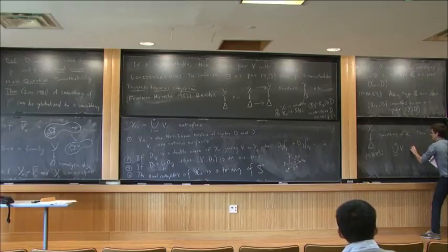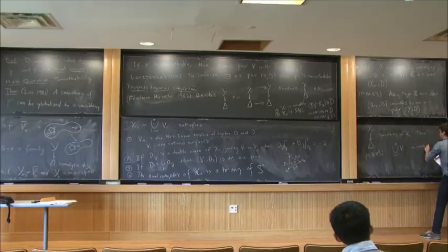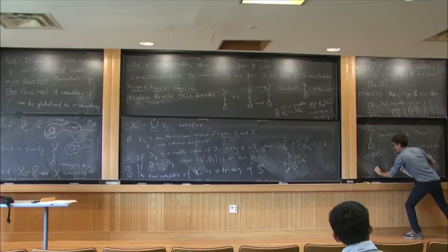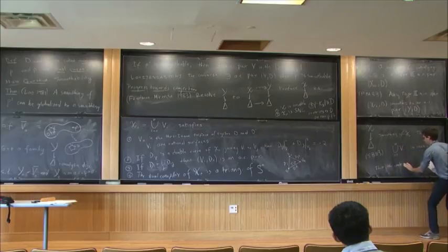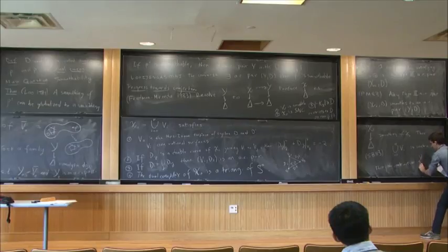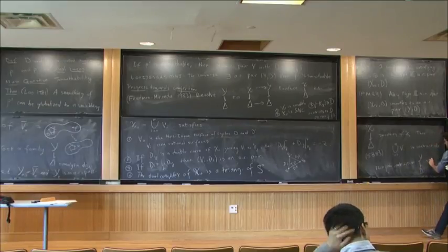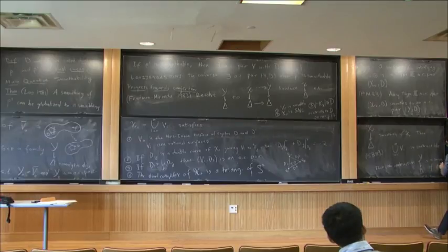So this is contractible. Thus the contraction, let's call it again Y over delta, is a smoothing of the cusp singularity P prime.